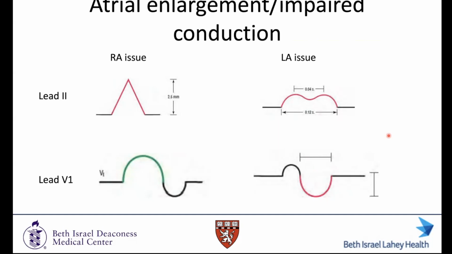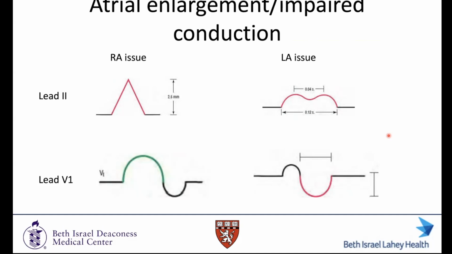When you actually put catheters in these chambers and measure the speed or the efficiency of conduction, that is impaired when patients have these ECG abnormalities. So it may reflect that the chamber is enlarged, or the chamber may be enlarged concurrently, but having this ECG abnormality is not predictive enough for chamber enlargement to call it atrial enlargement. It's more left atrial abnormality or right atrial abnormality or conduction abnormality. Yeah, so for our purposes, we're going to call it impaired conduction rather than enlargement.